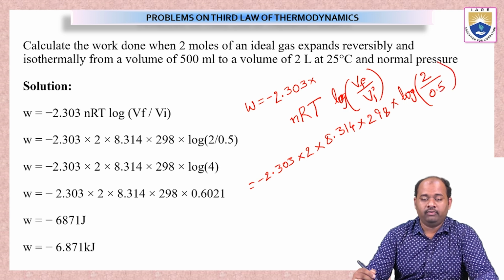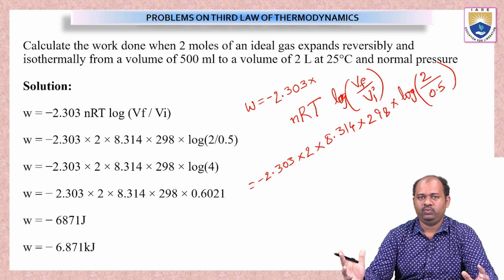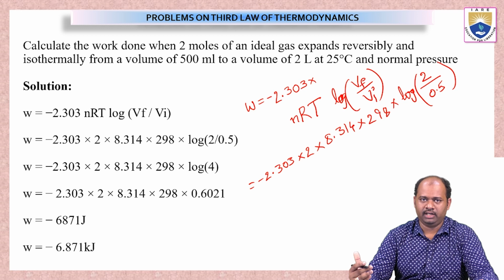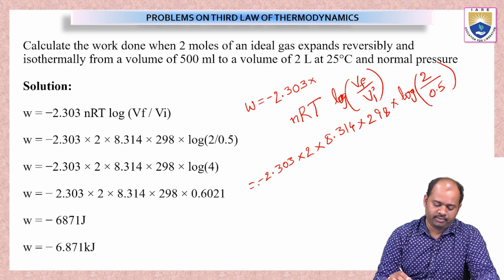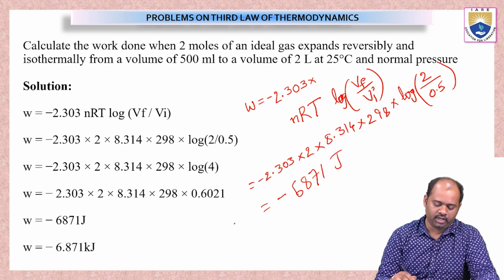There is no need to change the units of the volume values because they are divided, and whatever the conversion is will also get cancelled. After calculating this value, we will get minus 6871 joules of work done.